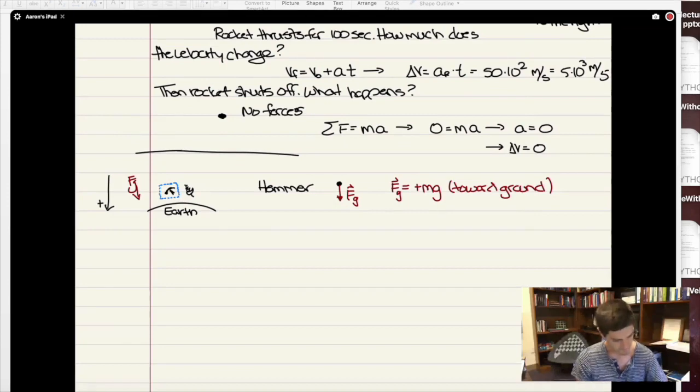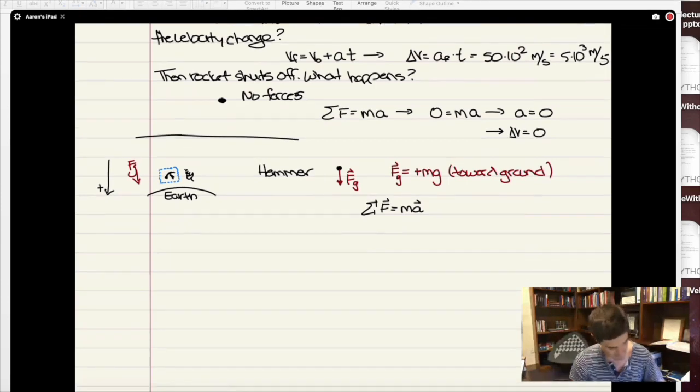All right. So then what's going on with the hammer? Again, start super general. Sum of the forces on the hammer equals the mass of the hammer times the acceleration the hammer experiences. There's one force, Fg, in this case. I guess this is hammer.